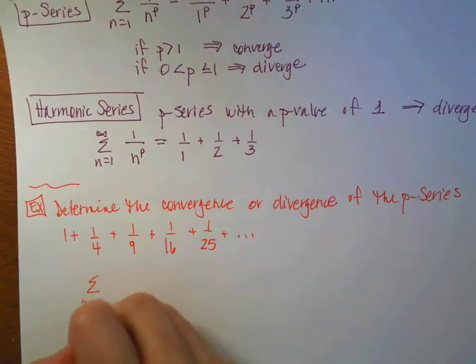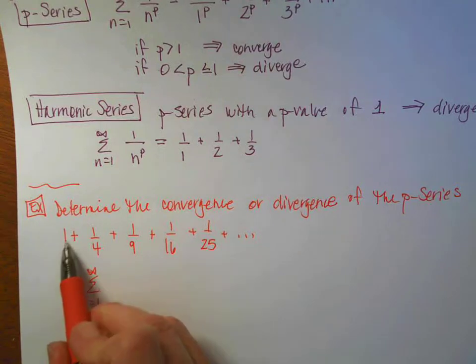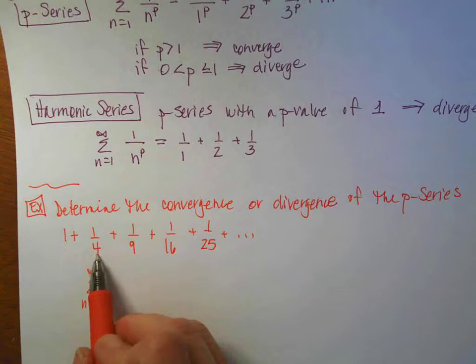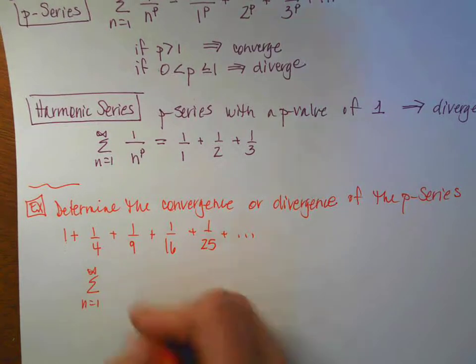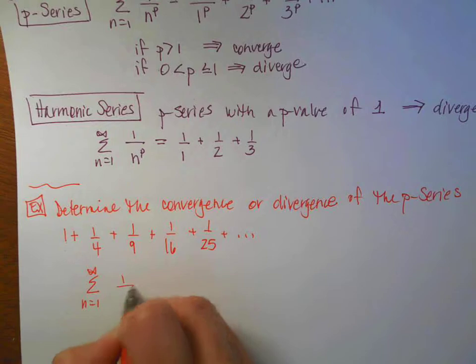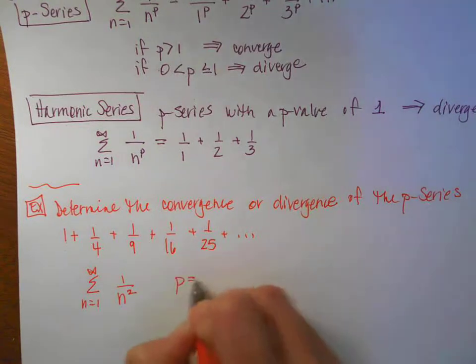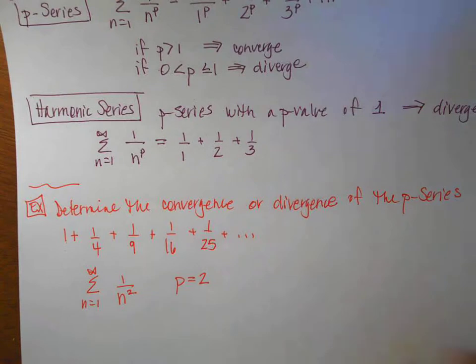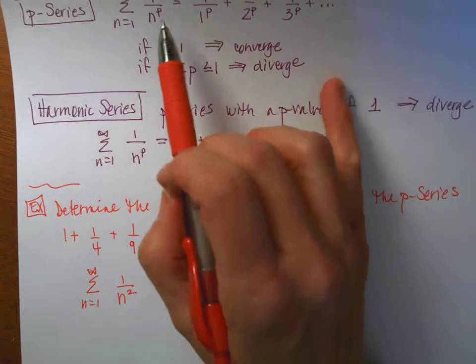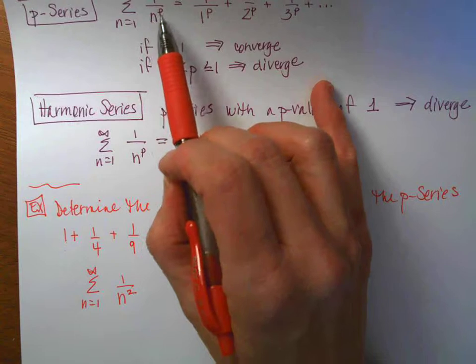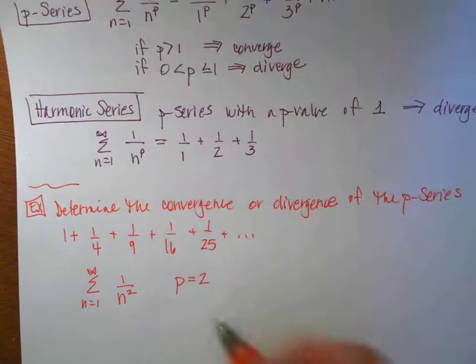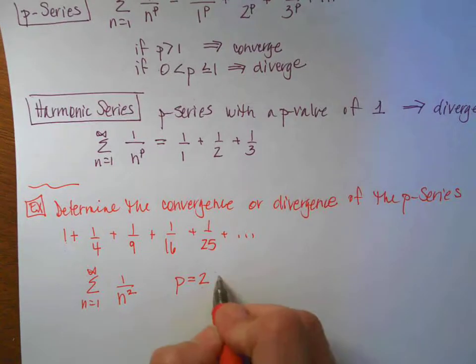So then I'm going to rewrite this. So it's going to be the sum from n equals 1 to infinity. And if you'll notice, if n is 1, 1 divided by 1 is 1. If n is 2, 2 squared is 4, 3 squared is 9. So then this becomes 1 over n squared. And in this case, that means my p is 2, because if you look back up here to our formula, here's the location of the sequence raised to a power.